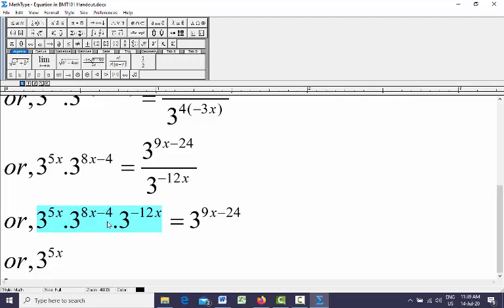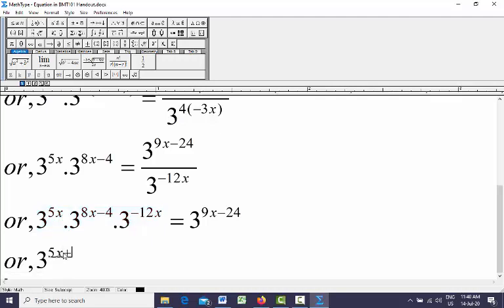I'm saying again, if you have same base, see here base is 3, here also base 3, here also base 3, and we are doing multiplication, in such case powers will be added together.